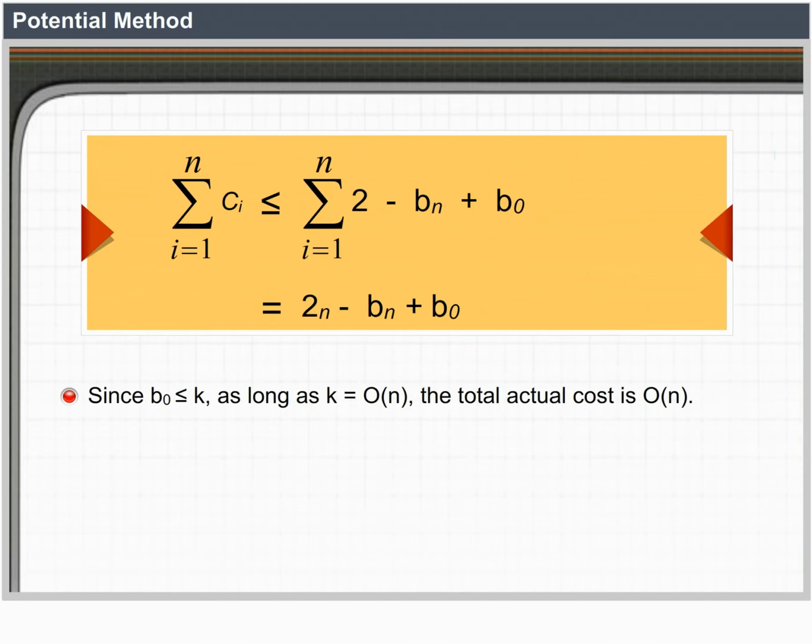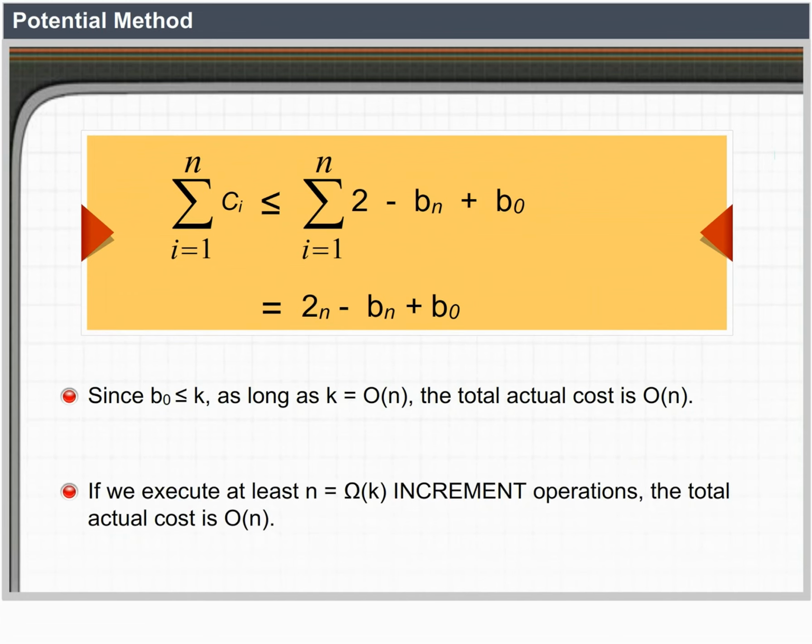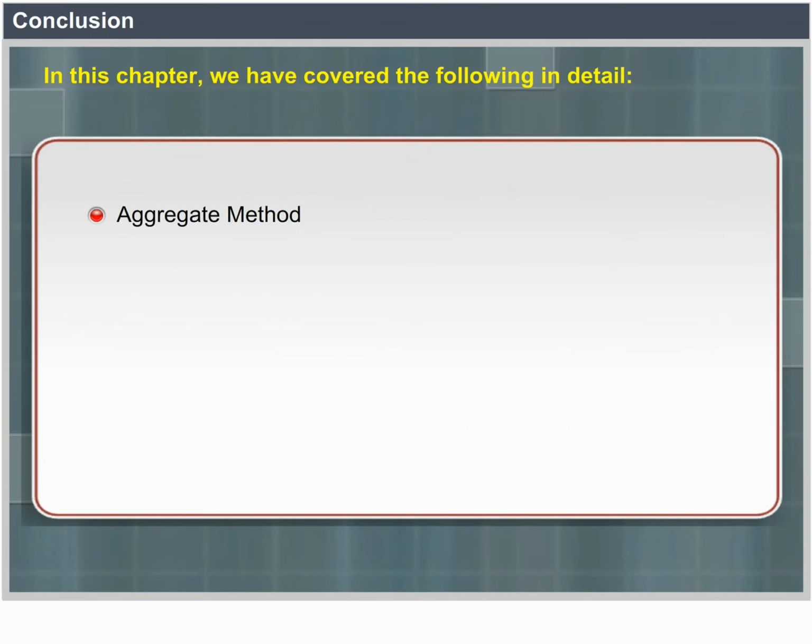If we execute at least n equals big omega of k increment operations, the total actual cost is big O of n. Conclusion. In this chapter, we have covered the following in detail: aggregate method, accounting method, potential method, and dynamic table.